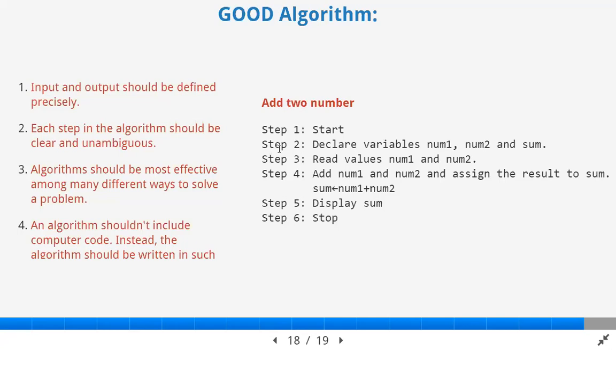Only we can understand our algorithm, but other people will not understand because they use a different programming language. So that's why please avoid putting programming code in the algorithm. The algorithm must be in our language. Okay. The description at each step of the algorithm must be in our language.